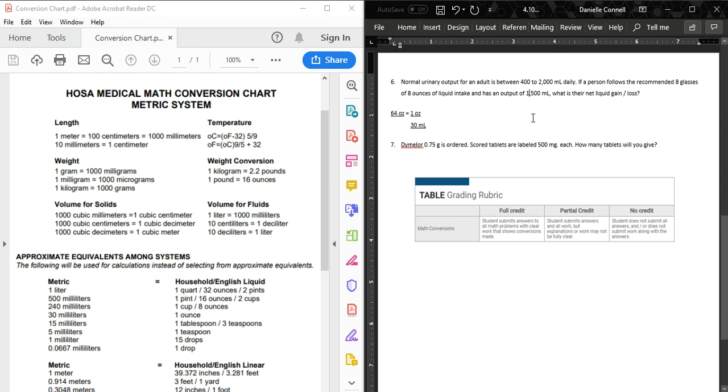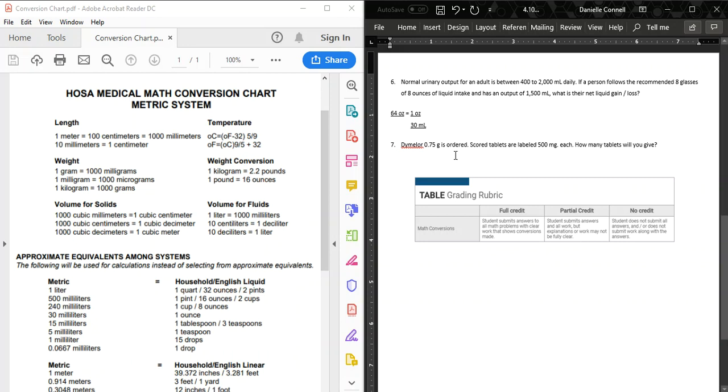So whatever your difference is, it's either a gain or a loss. Let's say your number is less than 1500. That means that you have a net gain, right? Because output was 1500 and 64 times 30, if that's less than 1500, that means your body retained the water. If it's over 1500, that means it would be a net loss.